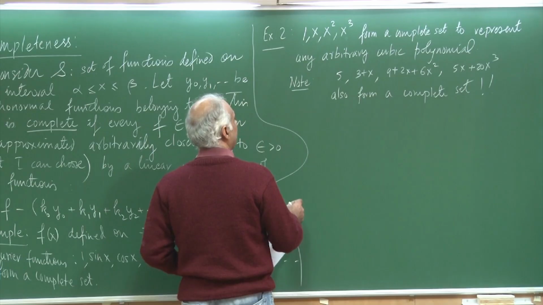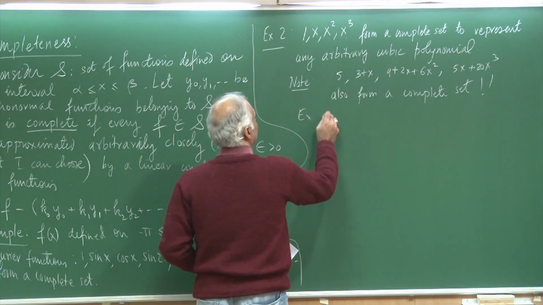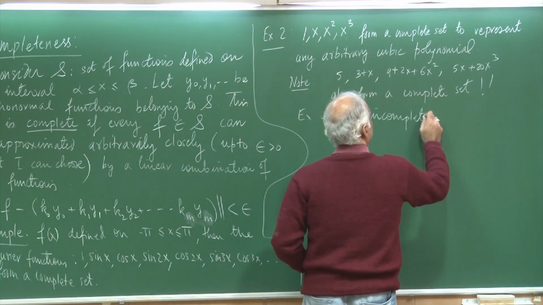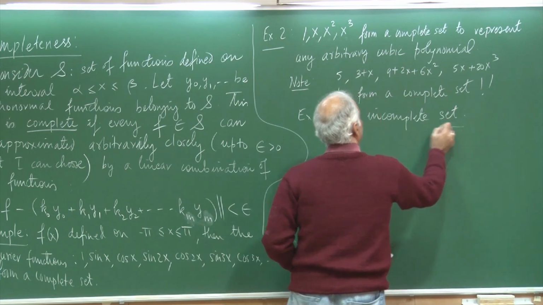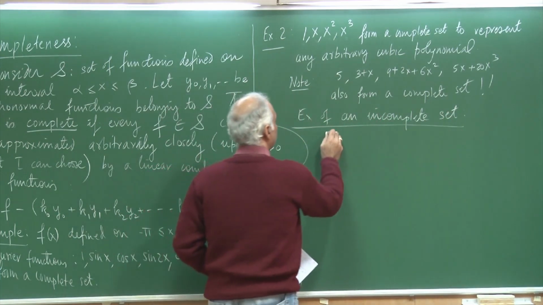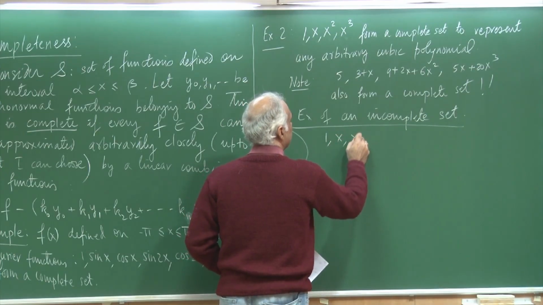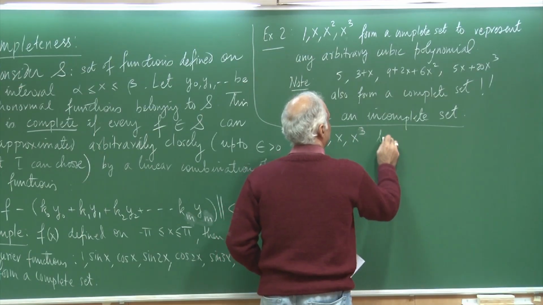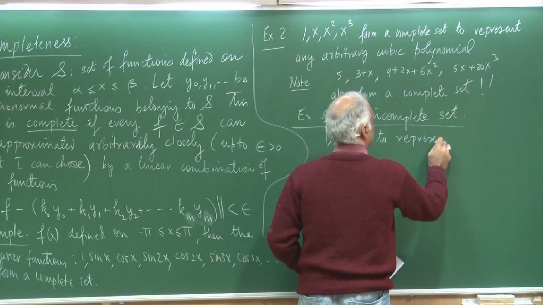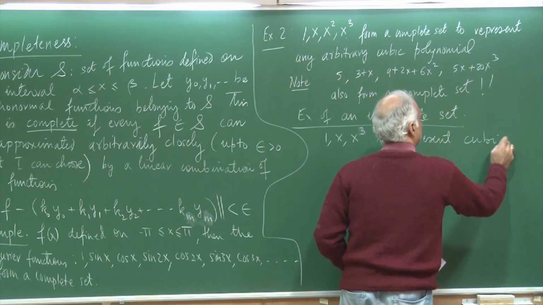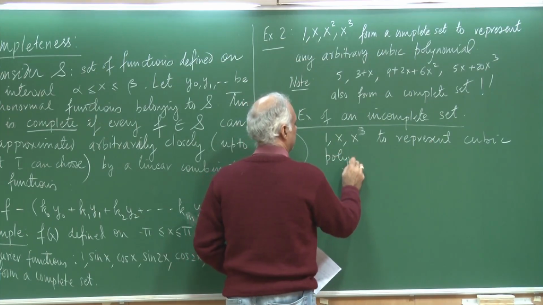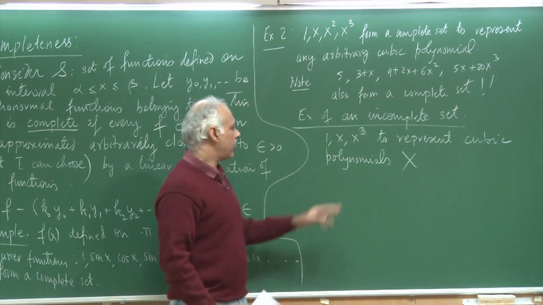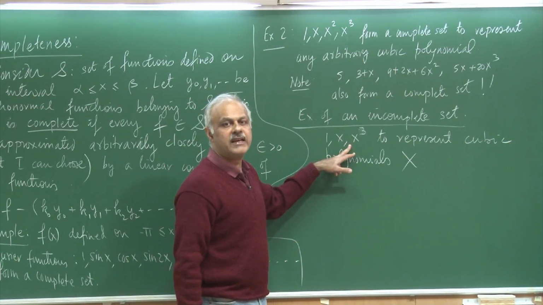I'd also like to give you an example of an incomplete set. Suppose I use 1, x, x square, or maybe I simply use x cube to represent cubic polynomials. This will not work because I don't have a way to represent my quadratic terms.